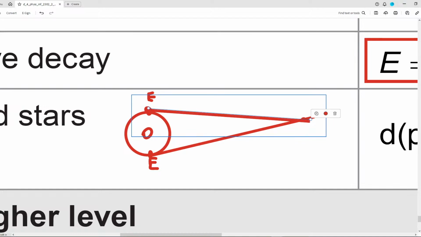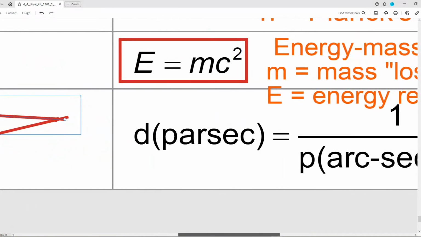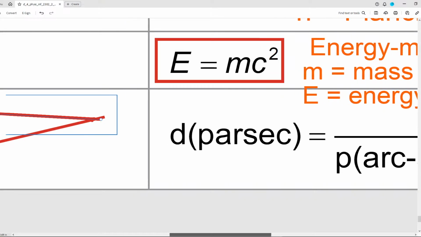The distance between Earth and the Sun is exactly 1 AU, so the distance between these two points is 2 AU, between the position of Earth in summer and winter. That's why distance is measured in AU, because we're using trigonometry with AU here.